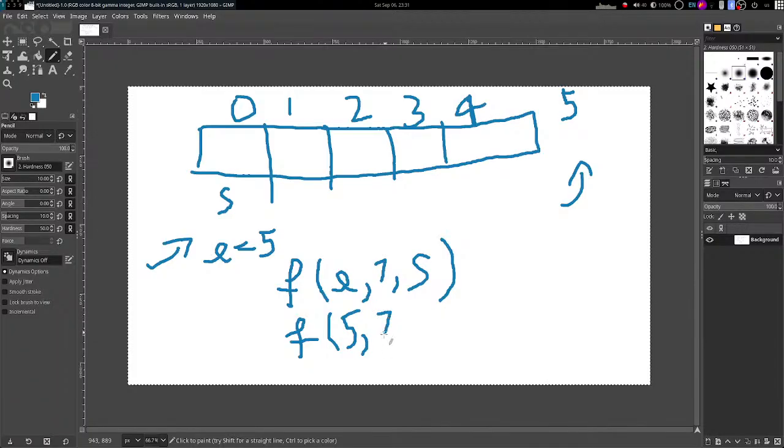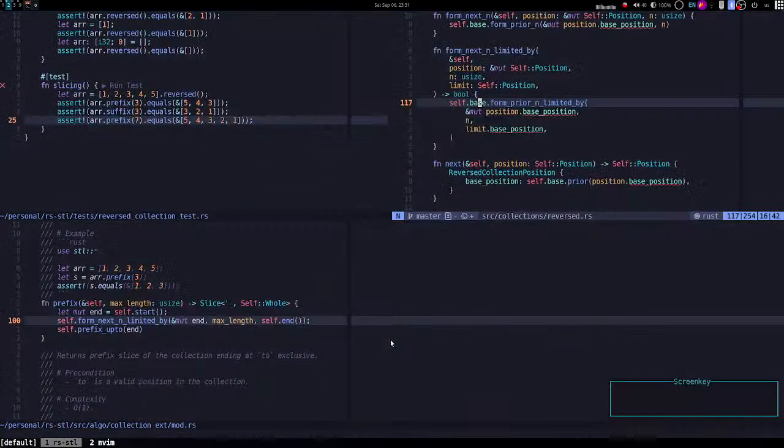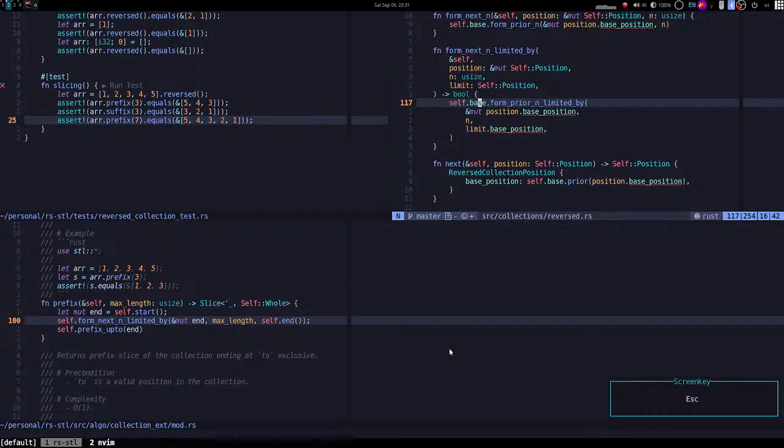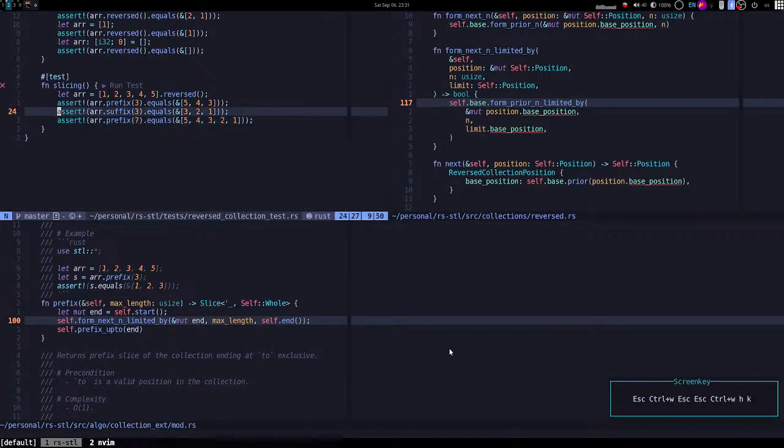Max length is still 7. Max n is still 7, and S is 0. So 5, 7, 0, this is what happens, right? Let me try this one.